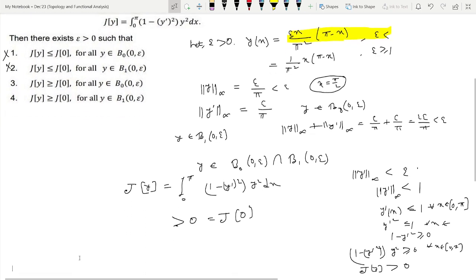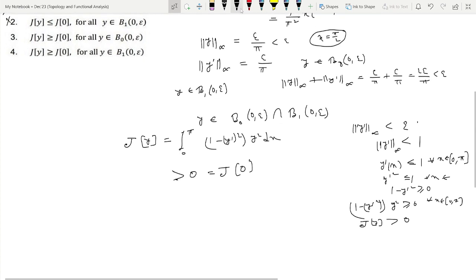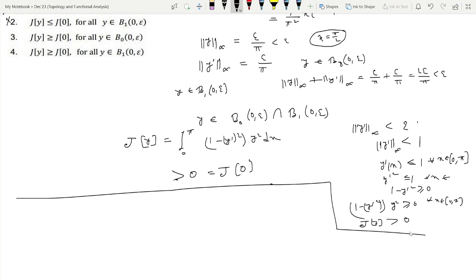So for this, similarly we have taken arbitrary epsilon, and we take y(x) equal to simply epsilon into (pi minus x) into (1 plus x) to the power n.